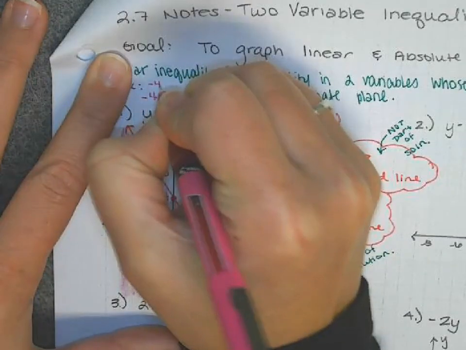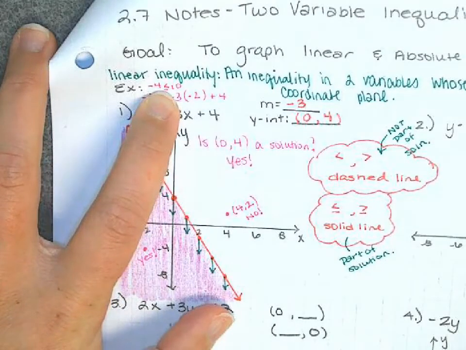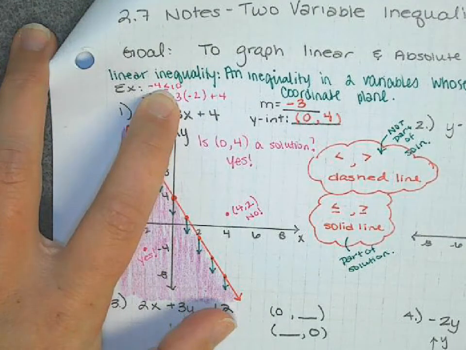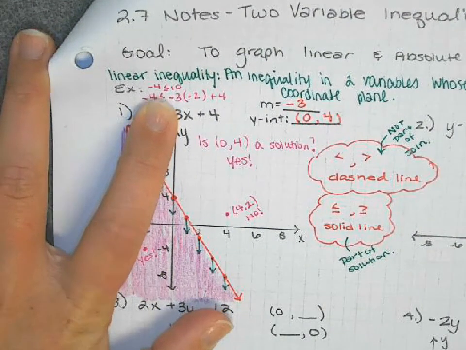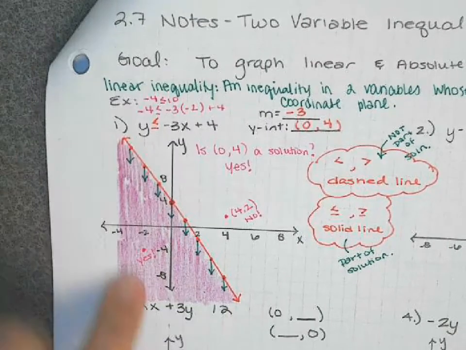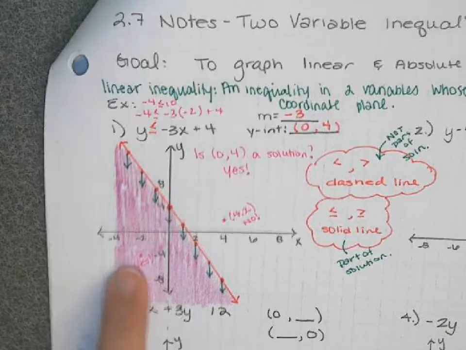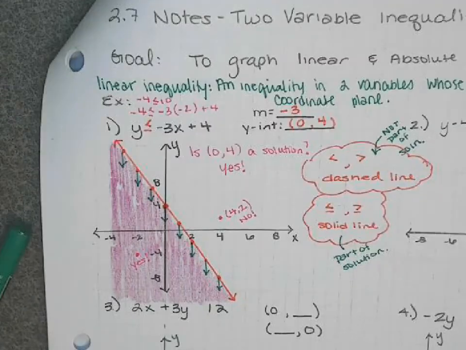Is -4 less than or equal to 10? Yes, -4 is definitely less than 10, so that's true, which is why (-2, -4) is a solution. It makes the inequality true.